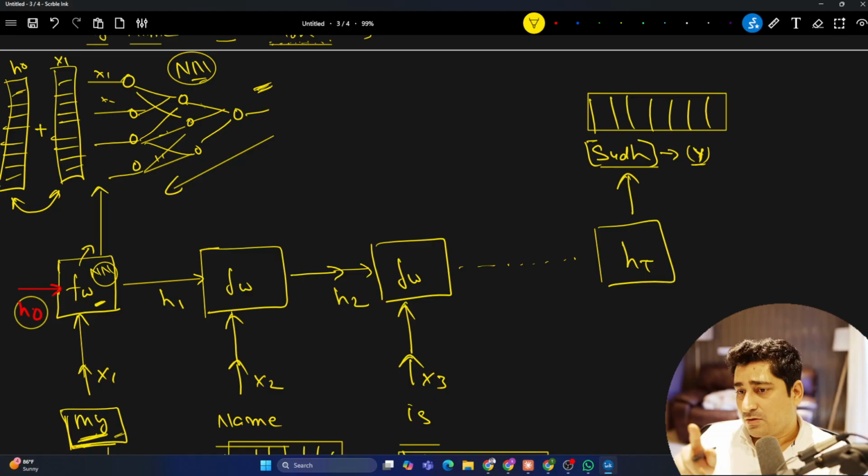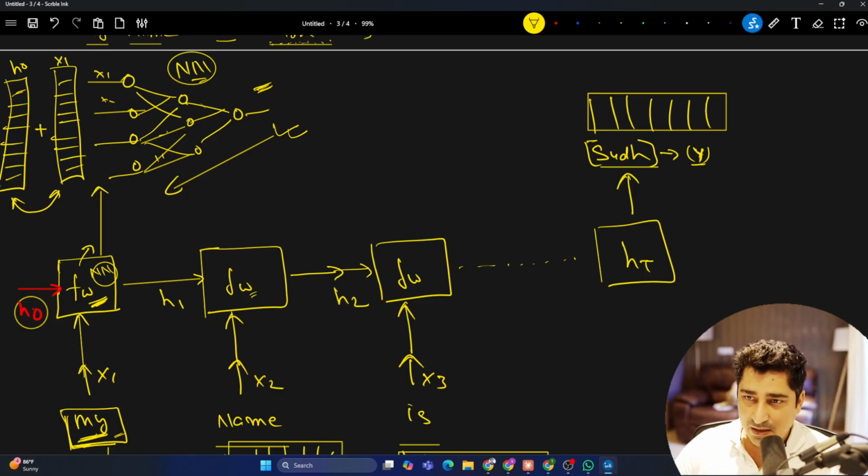Now move ahead. This is what I was talking about. When you see these boxes, don't get confused. Even on the internet, on a Google search, you will see this kind of box. It's a bit confusing and overwhelming to know what this box is representing. It's nothing but this neural network. Now we know its specialization. It takes this data and this data, the current data and the past data.